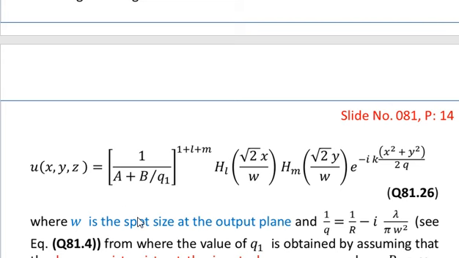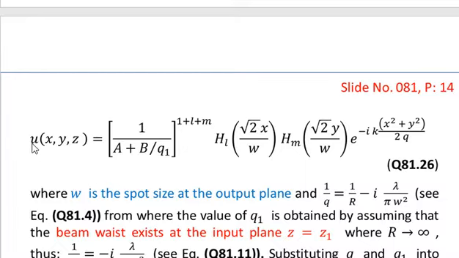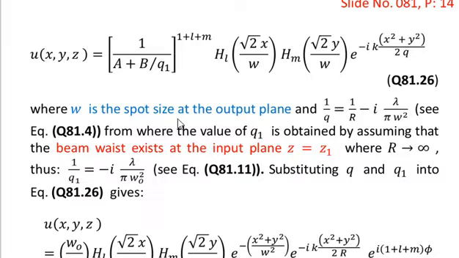When we have used this as the input in the integral, we have the output field u as a function of x, y, z is equal to 1 over (a plus b over q1) raised to power 1 plus l plus m, multiplied by the Hermite polynomial Hl with an argument of square root of 2 multiplied by x over w, and then Hm as a function with an argument of square root of 2 multiplied by y over w, and then the phase factor e to the power minus iota k, and then we have (x square plus y square) over 2q, as shown in equation number 26, where w is the spot size at the output plane, and 1 over q is equal to 1 over R minus iota times lambda over pi w square.